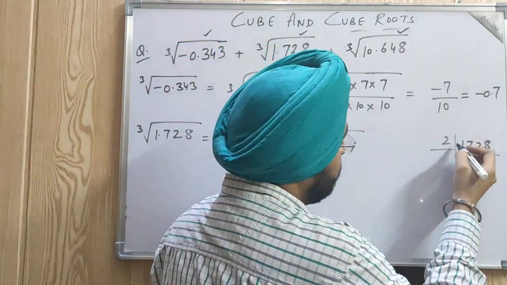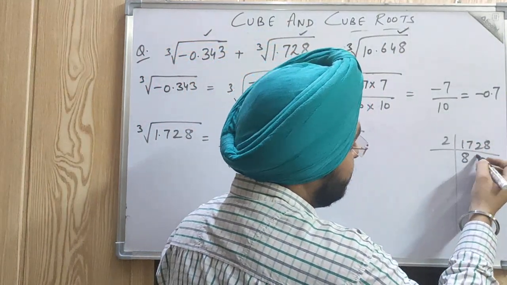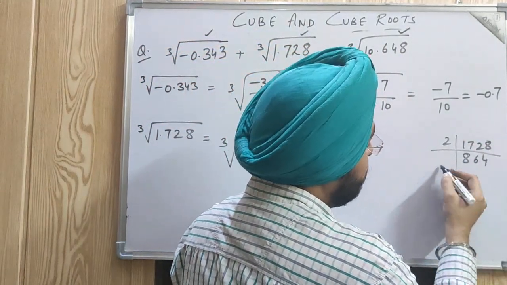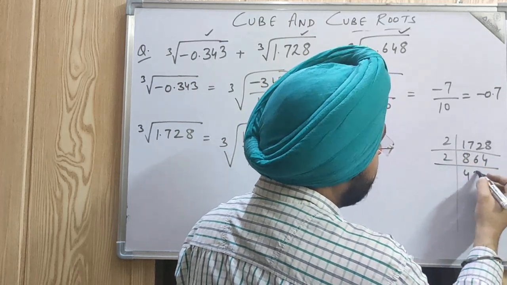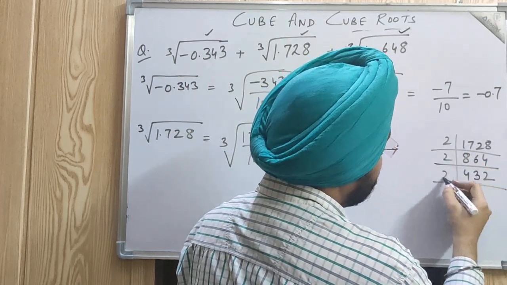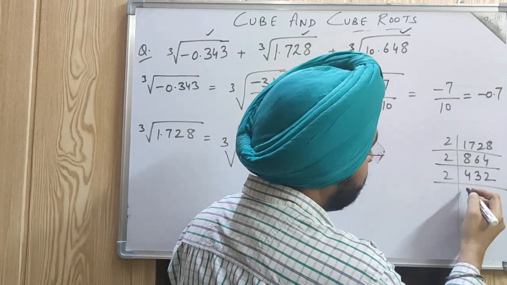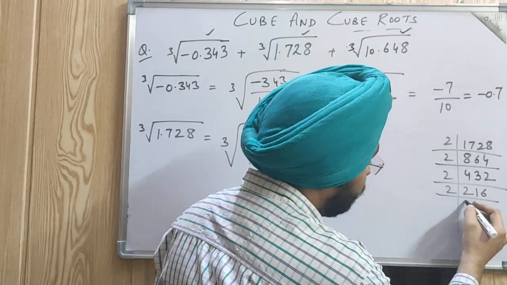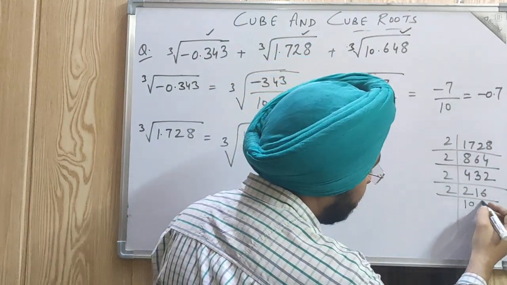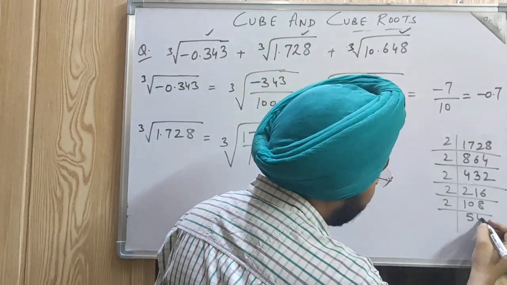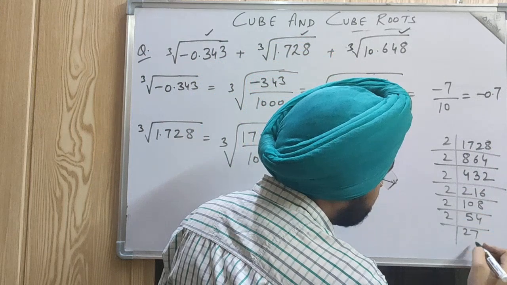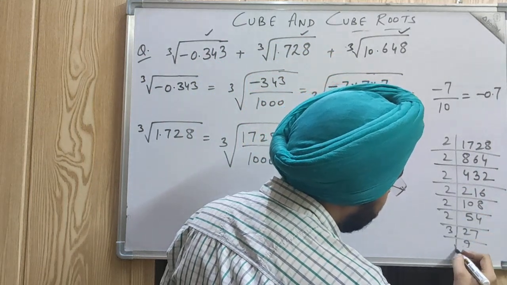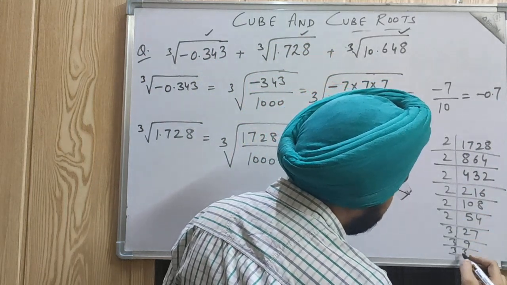Start with 2: 2, 864, 432, 216, 108, 54, 27. Then 3: 9, 3, 3, and 3, 1 here.